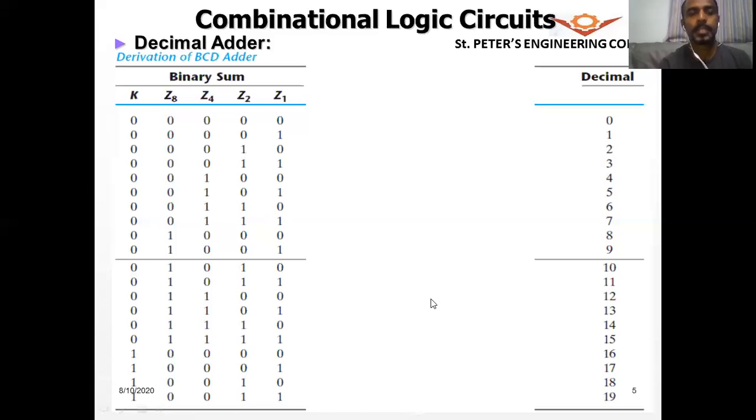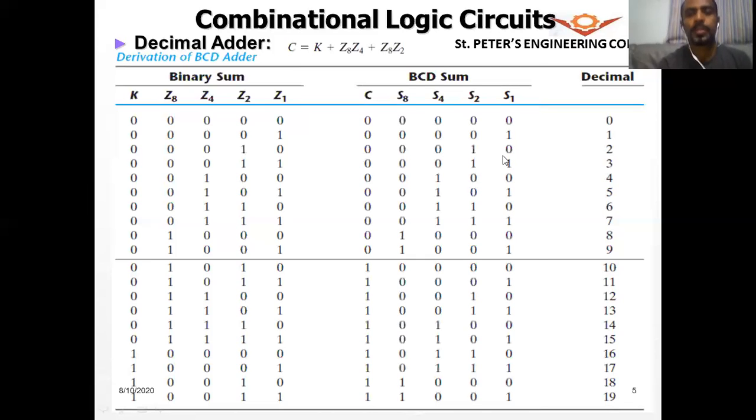Now let us simply understand here. We will just limit our understanding to this 0 to 9 and 10. So now, the BCD sum we will be representing, this is decimal, and this is binary coded decimal.